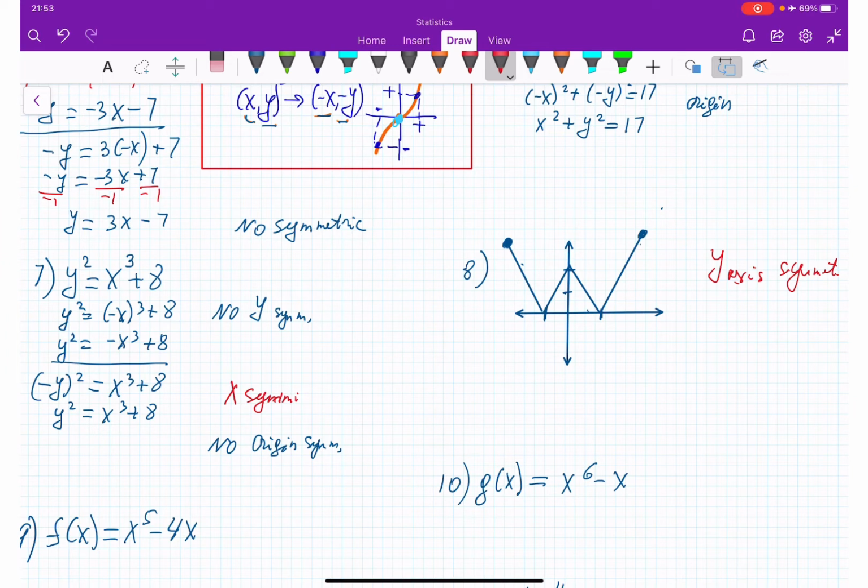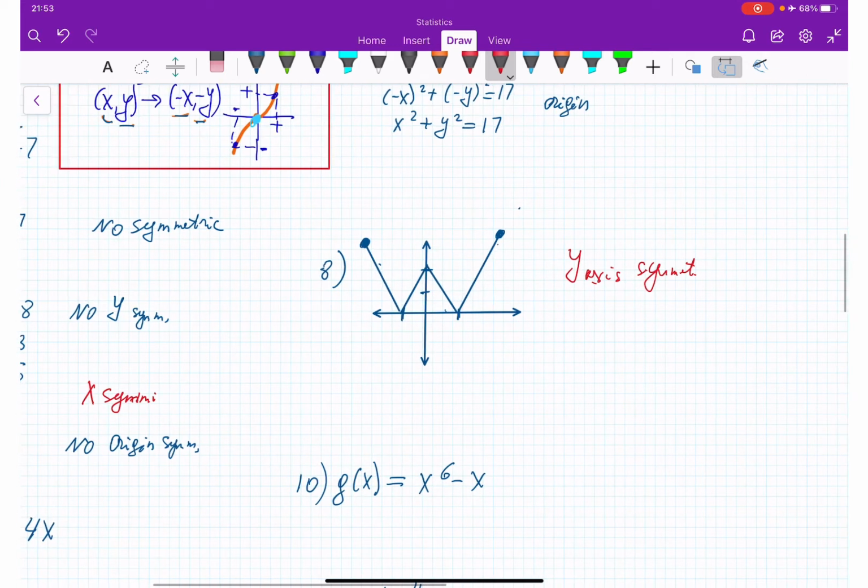Okay, now the other thing also, the graph can be odd, even, or neither. So how are we going to identify if it's odd or even or neither?